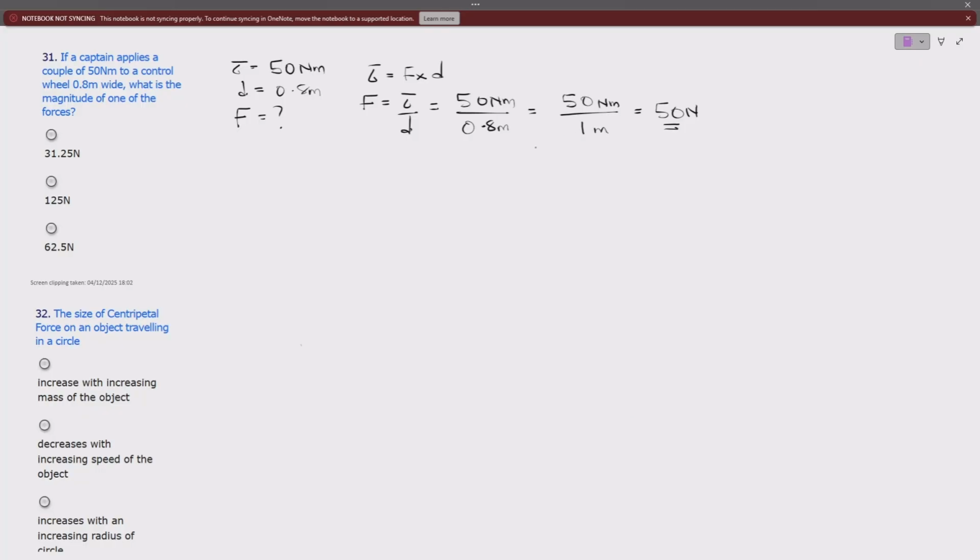No. So which one is the closest value? We are going to go for 62.5 newtons. If you divide 50 by 0.8, you are going to get 62.5 newtons. That is the closest value among all.